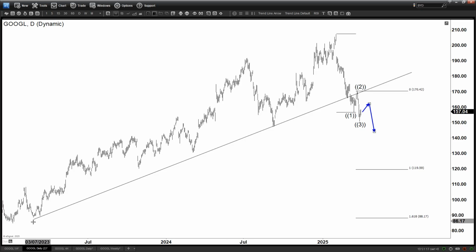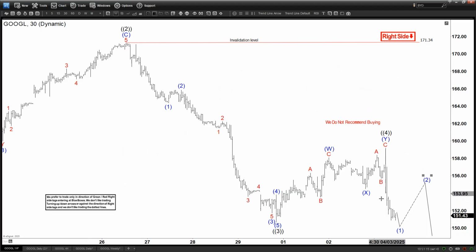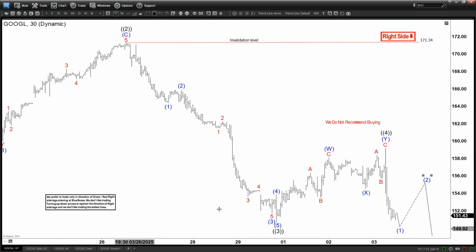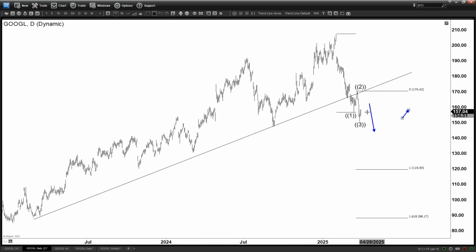It will be when you go down again, which is basically what we got. If you go down again, let me double check to see if I got it right. 170.63 here.